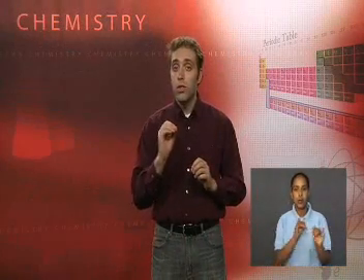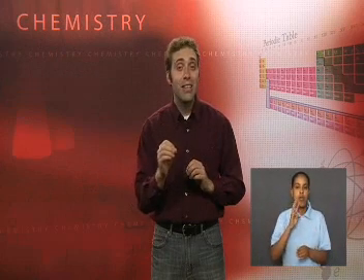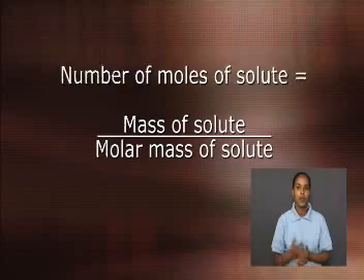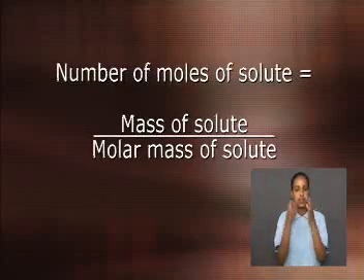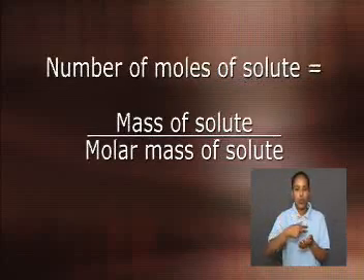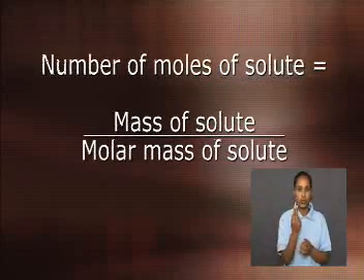In order to determine the vapor pressure of water in a solution, we need first to find the mole fractions of both the solute and the solvent. We can do this by determining the number of moles of glucose and water using the equation.